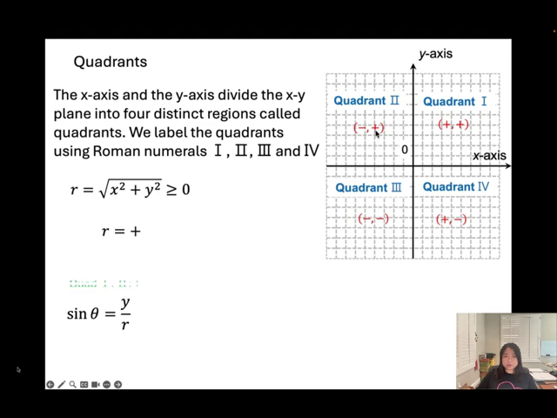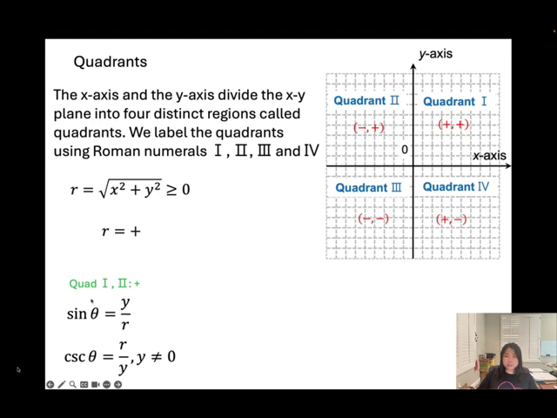So for quadrant 1 and quadrant 2, sine theta is always positive. And cosecant means 1 over sine, so they have the same sign as sine theta. r is always positive and y is positive in quadrant 1 and quadrant 2.